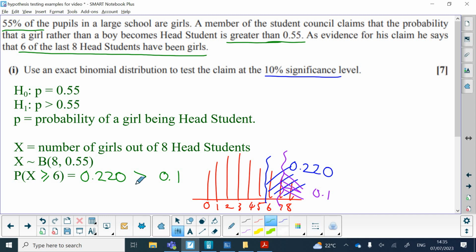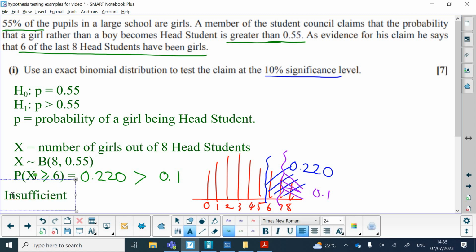We'd need to have a 7 or an 8 perhaps. So we put in our decision: insufficient evidence to reject the null hypothesis at the 10% significance level.